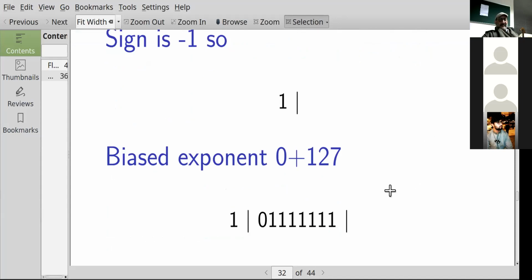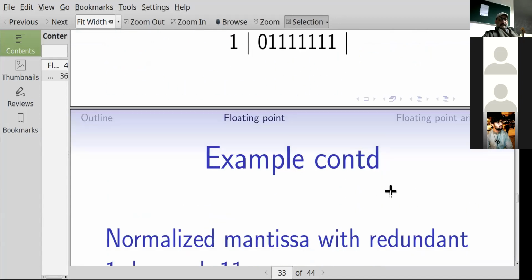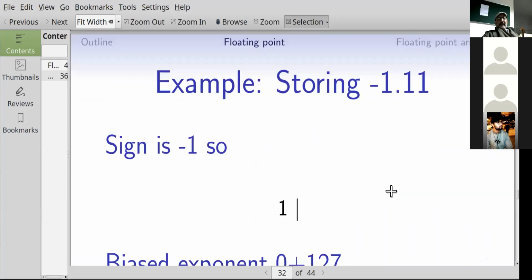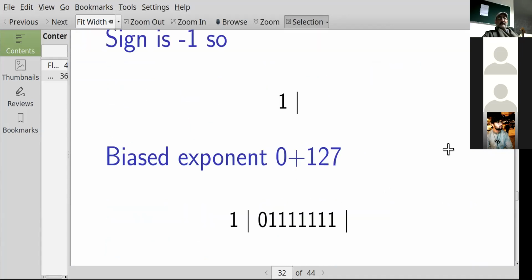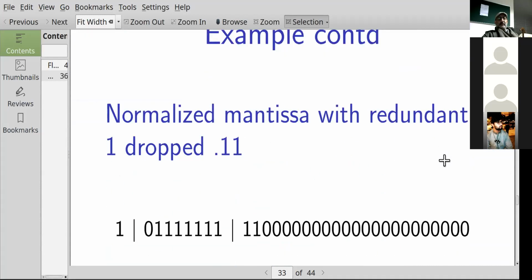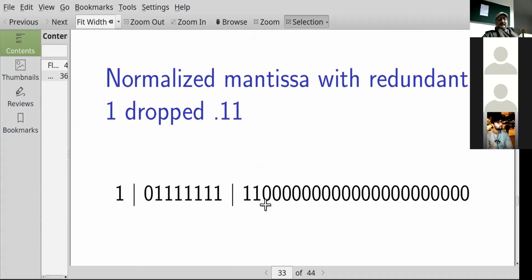So then we write 127 in binary. Now I want to store the mantissa, but the mantissa has a redundant 1. So I really need to store 0.11. So then I just store 1, and then all of the rest are zeros. So that's how I go about storing things in this IEEE form.